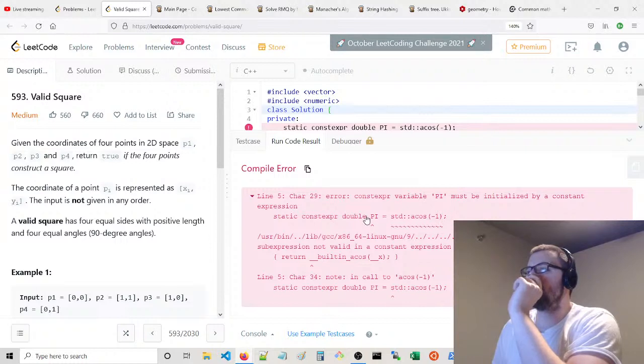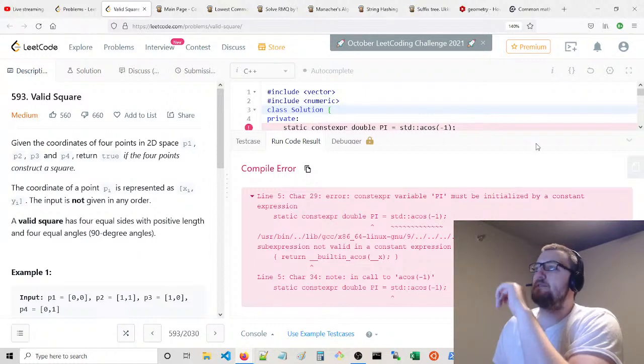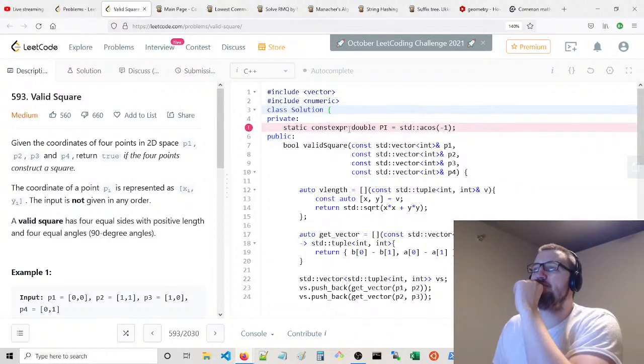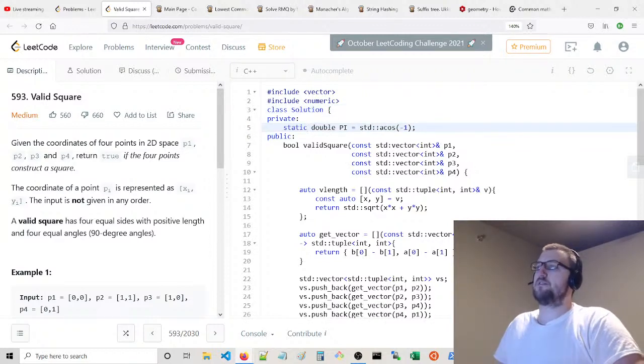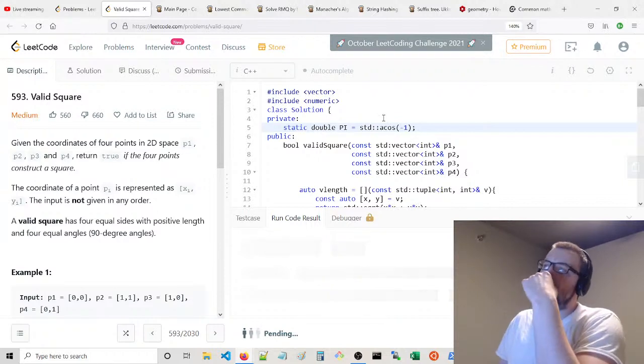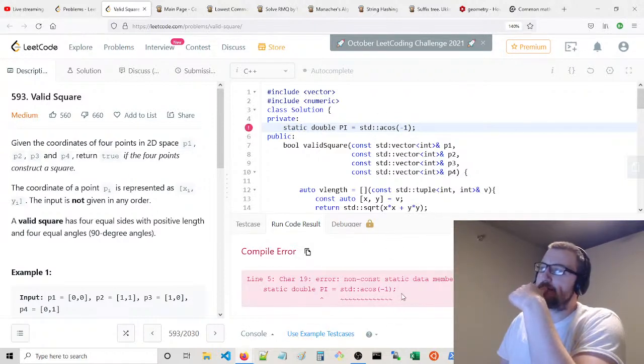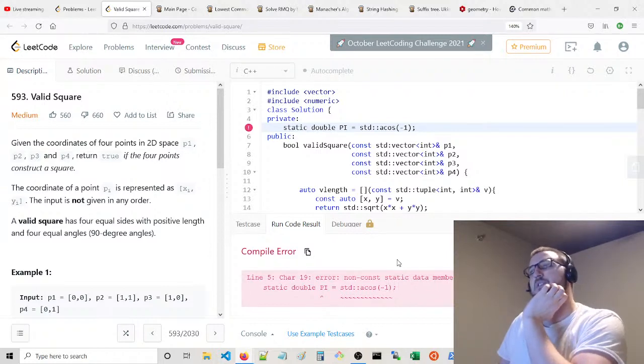Oh, okay. Can you just say it's not const? Static data member must be initialized out of line. That's kind of annoying.